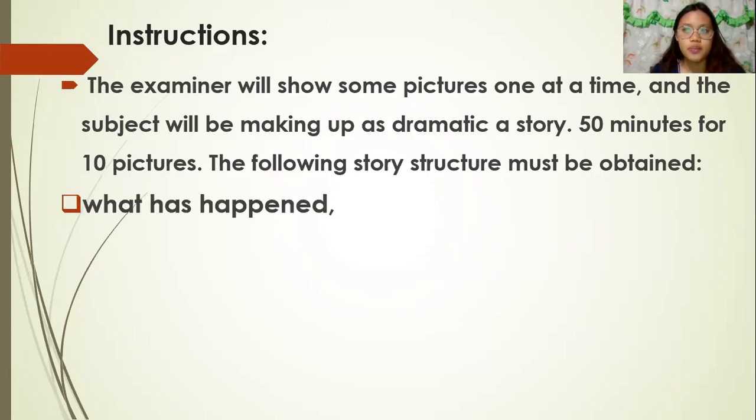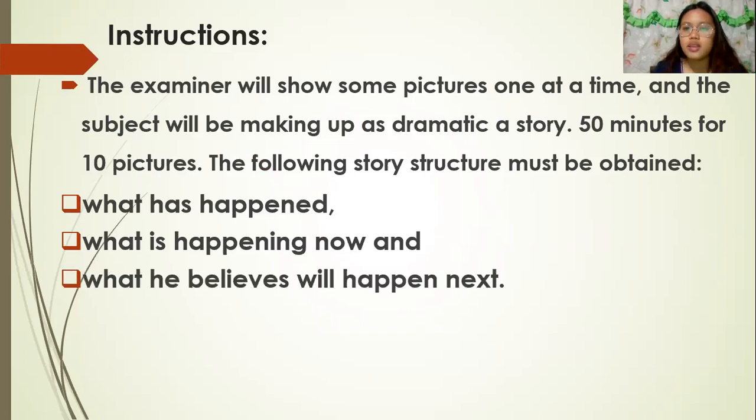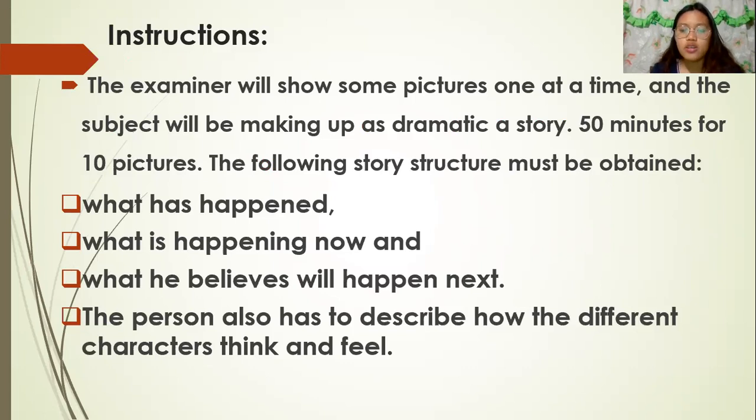First, the respondent should tell what has happened, what is happening now at present about the picture, what will happen next, and also the person has to describe the different characters and their different feelings or personality with a given picture.